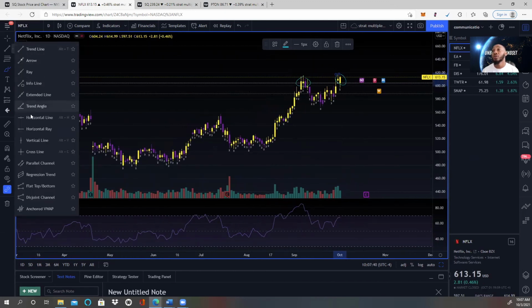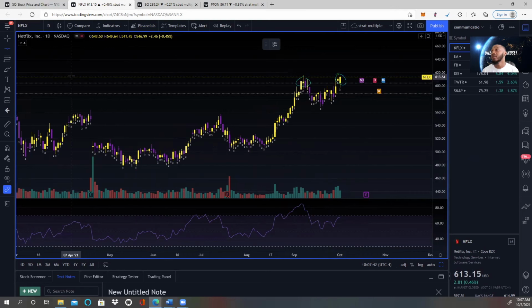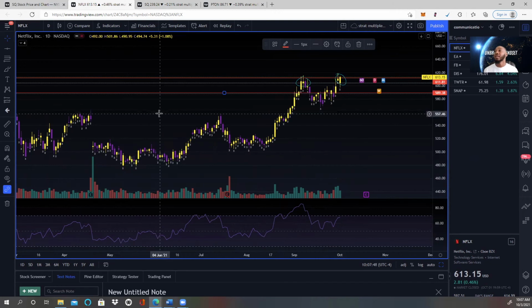So guess what? We'll take our resistance, our support, we'll mark that up. Always going to mark that up, and we will be patient. And when the market opens on Monday, we're going to see, is it going to give us this indicator saying, hey, I'm about to do a corrective movement, because we know Netflix had a $14 run this past week. So we're waiting for the corrective movement.